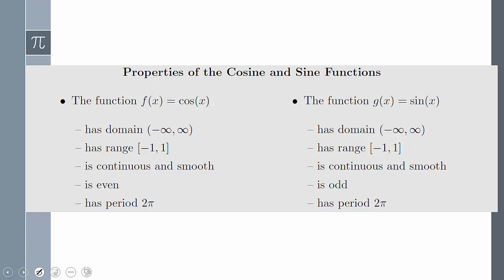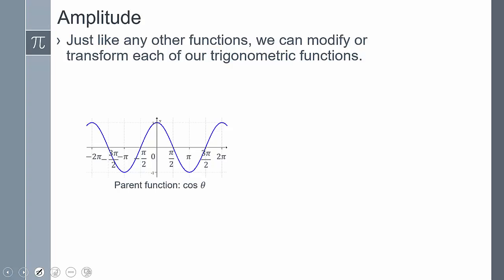Going back to our identities, cosine is considered an even function, sine is considered an odd function, and these parent graphs have a period, meaning one cycle. This is the idea of one cycle is 2 pi. Now, all of those ideas can change, right? We can manipulate it, but these are just for the parent graphs.